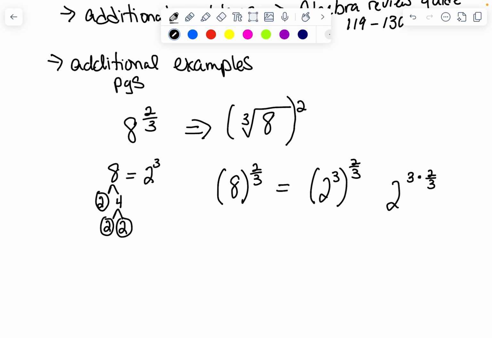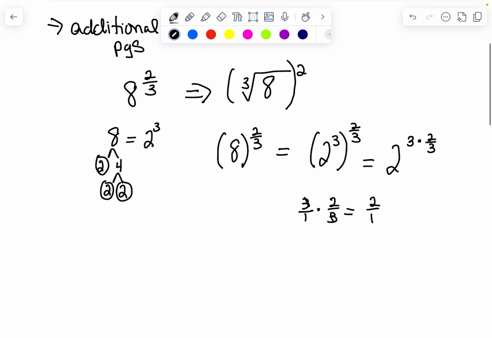Now we'll use our knowledge of fractions. When you multiply, it's 3 over 1 times 2 over 3. These cancel, and you end with 2 over 1. That is multiplying fractions. So with our base, we end up having 2 to the power 2, which we can simplify as 4. So the solution of 8 raised to the 2/3 power is 4.